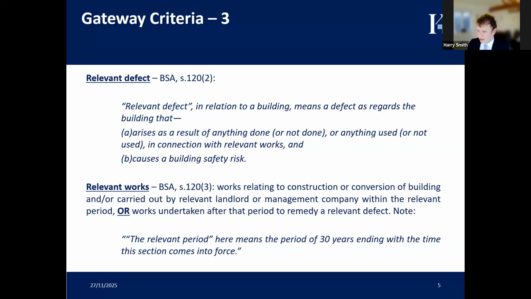That's the relevant period, but the exception, which is on the slide after the capitalized word or, is where work is undertaken after that period in order to remedy a relevant defect. But otherwise, as I say, remediation orders are limited to work carried out in the 30-year period preceding 28th of June 2022. So that's an important limitation to be aware of.